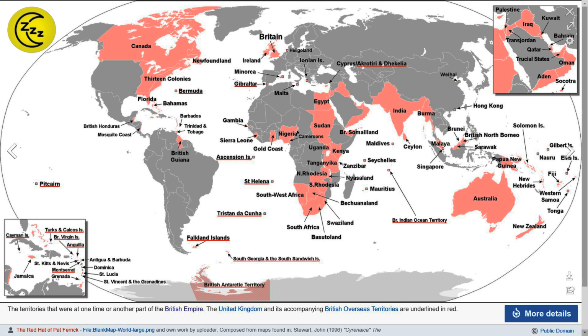Britain acquired the Cape of Good Hope, now in South Africa, in 1806, and the South African interior was opened up by Boer and British pioneers under British control.